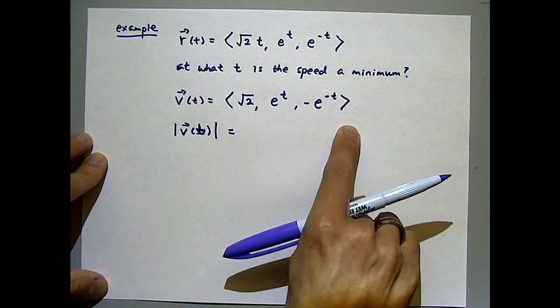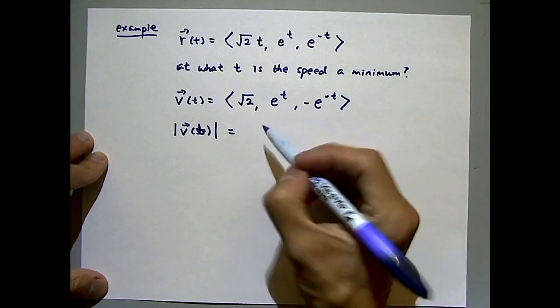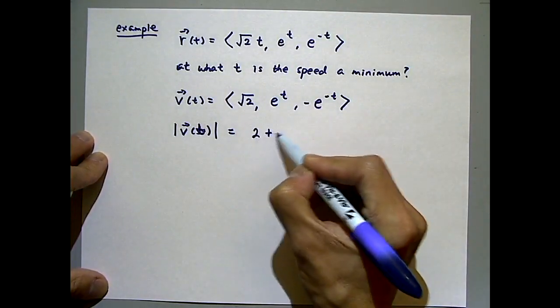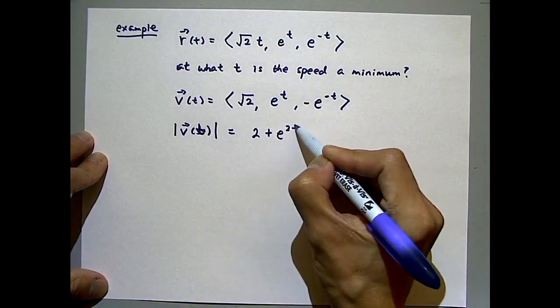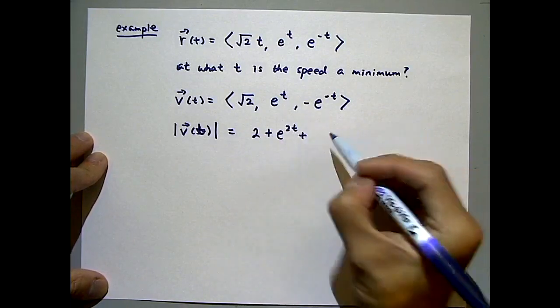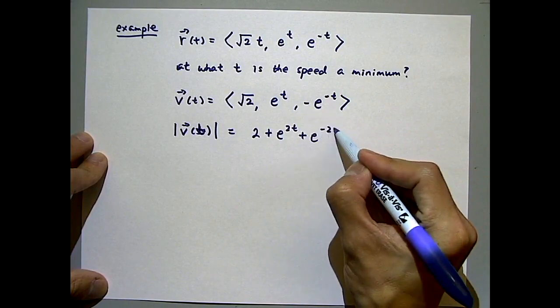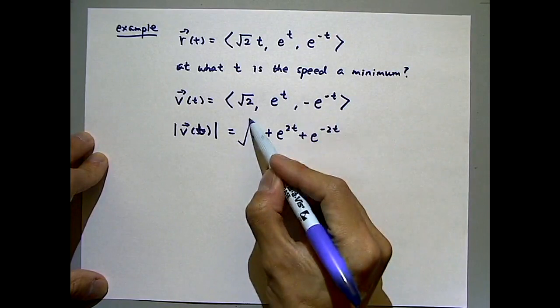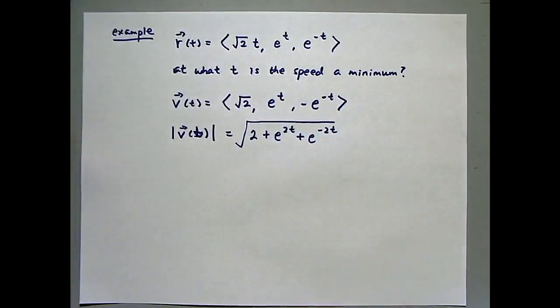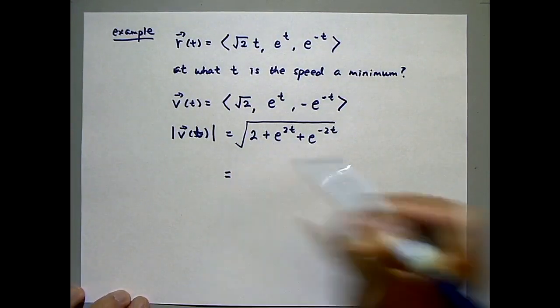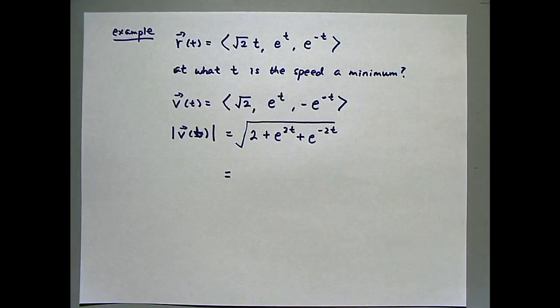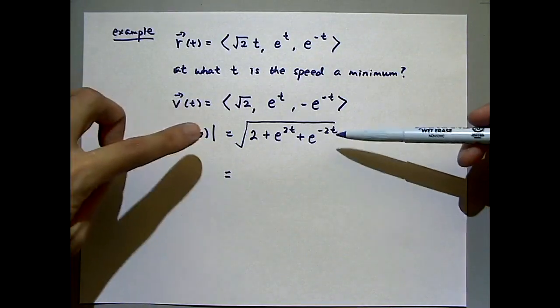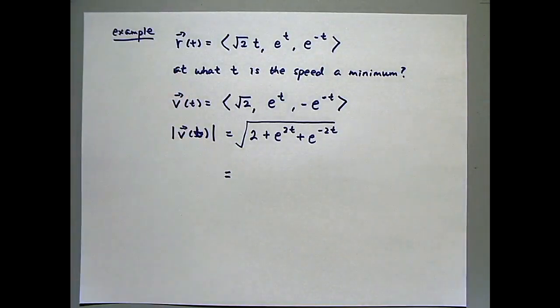Magnitude is the square root of the sum of squares. So 2 plus e to the t squared plus negative e to the negative t squared. So that's a plus because we squared this thing already. And you saw on the homework problem that we could rewrite the stuff under the radical as a sum of squares.